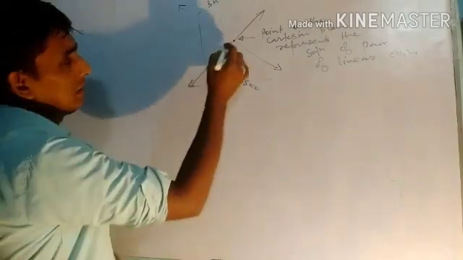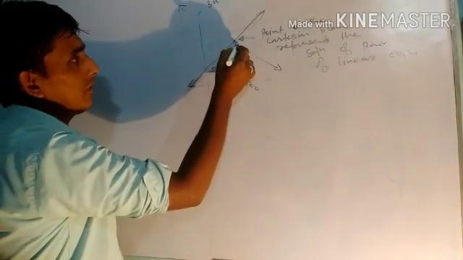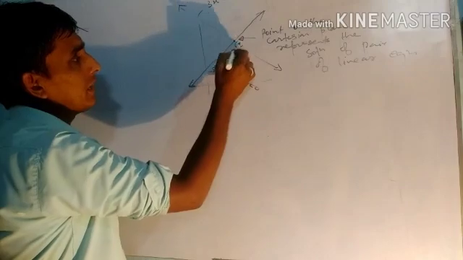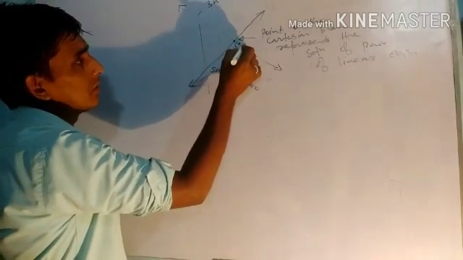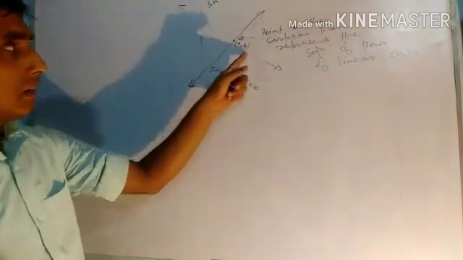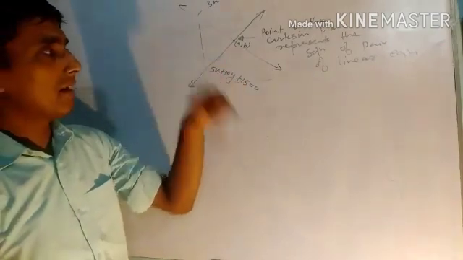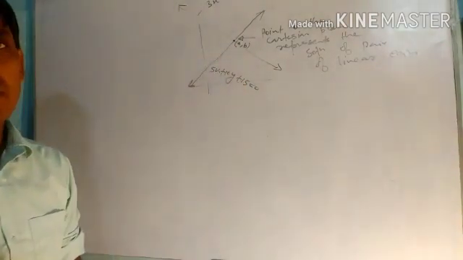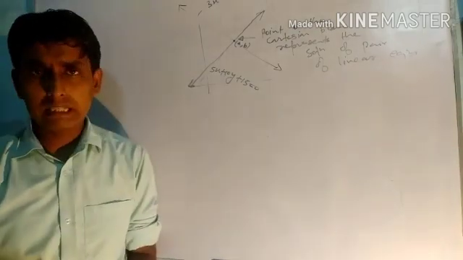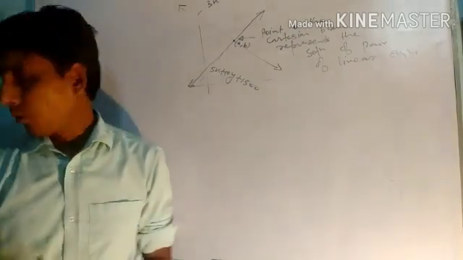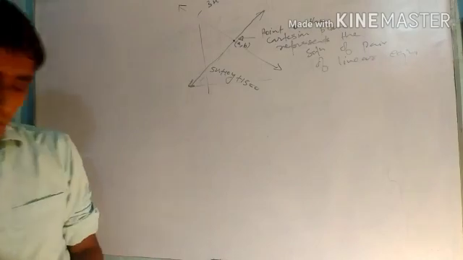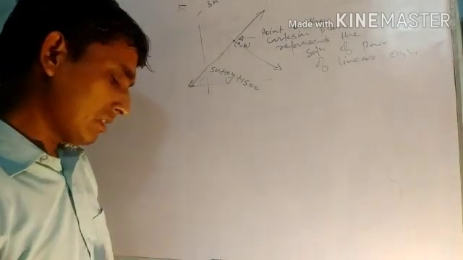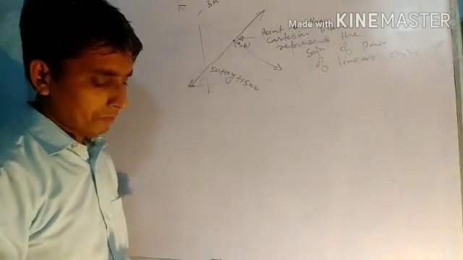Suppose this point has the value of x equal to a and the value of y equal to b. So x equal to a and y equal to b is the solution of this pair of linear equations. Now we will go to the exercise and solve the questions one by one, so that you can understand these questions in a better way.